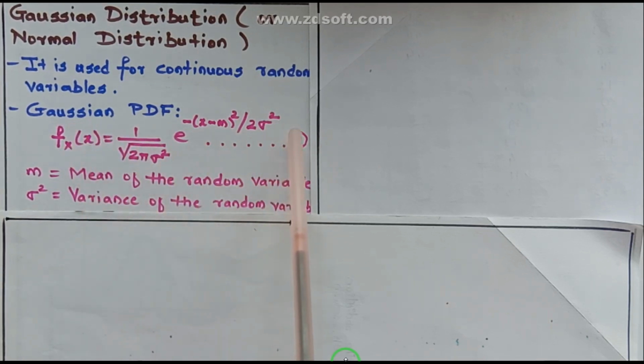Make it as equation number 1. Over here, m is nothing but the mean of the random variable, and sigma square is the variance of the random variable.